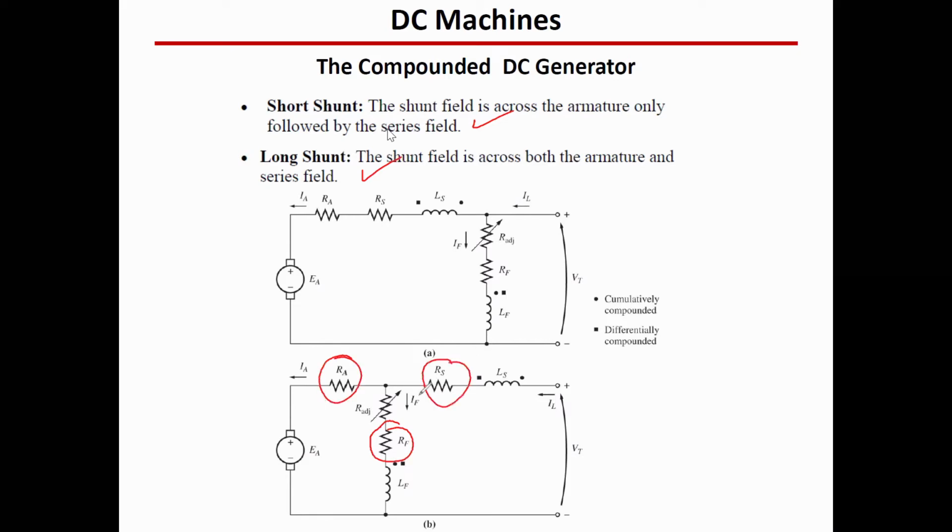But after that, we have the series field connected to both of them. For the long shunt, we connect the field in parallel with both the series and also the armature. Both can be either cumulative compound or differential compound. It depends. If you remember the meaning of the dots here.